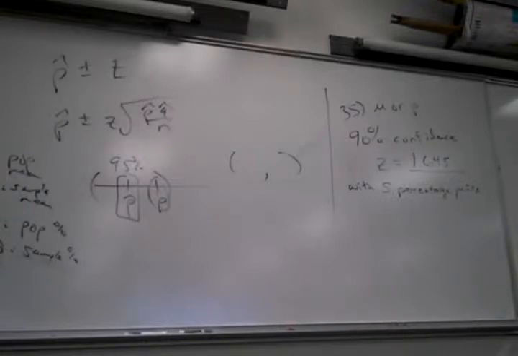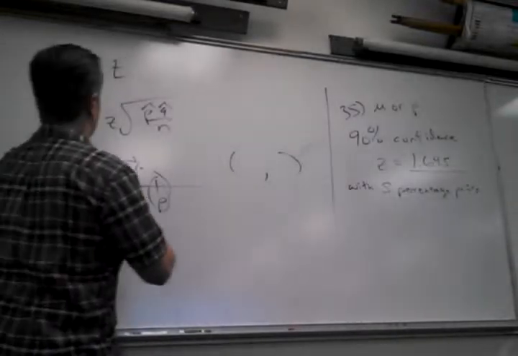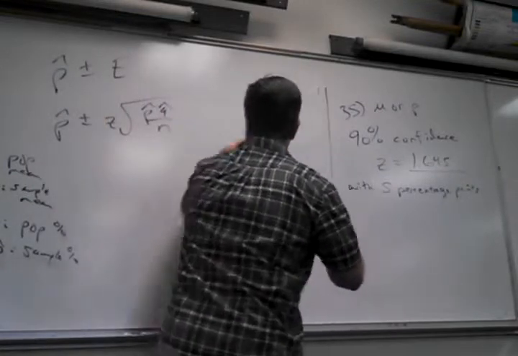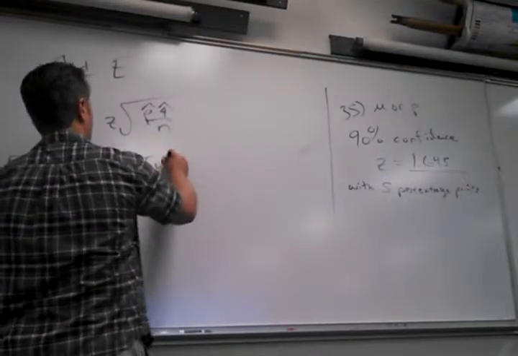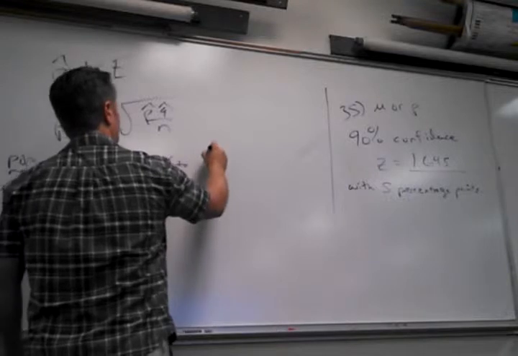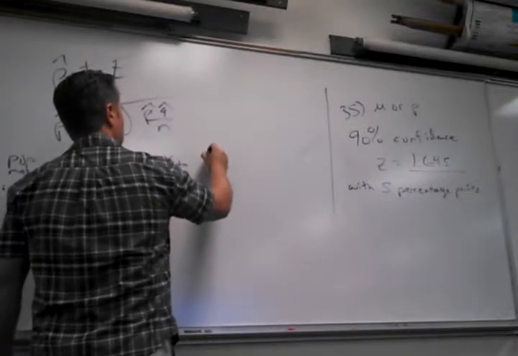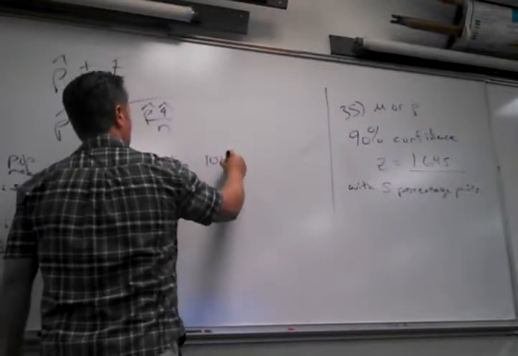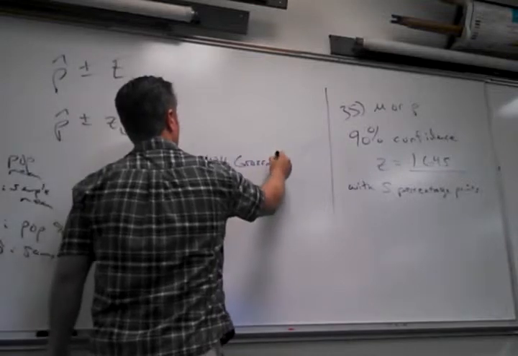So P hat would be if I went out. Let's create something real quick. We go out and talk to, say, 104 Gross One students.